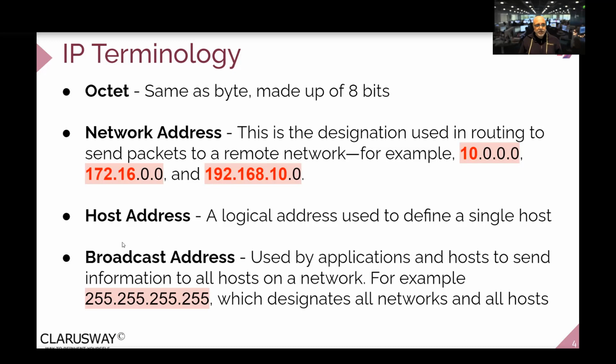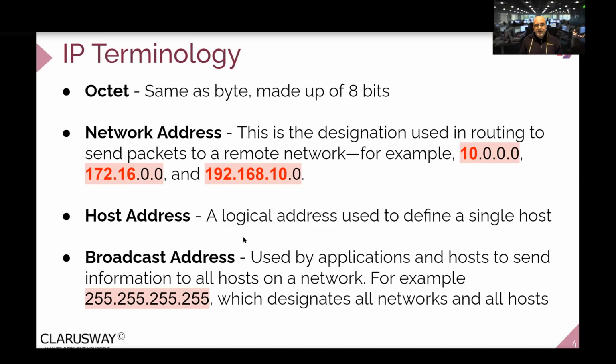And then there is the notion of broadcasting. I think we talked about this as well last time, but I can send information to a single host, right? Unicast we talked about, or I can do a broadcast. In other words, I can send information to all of the hosts in that particular network.